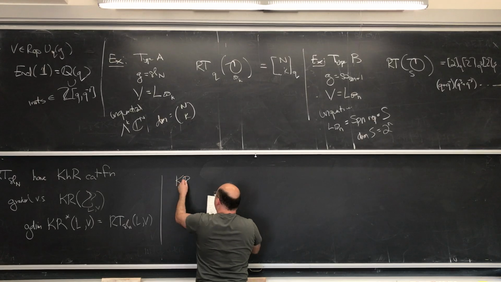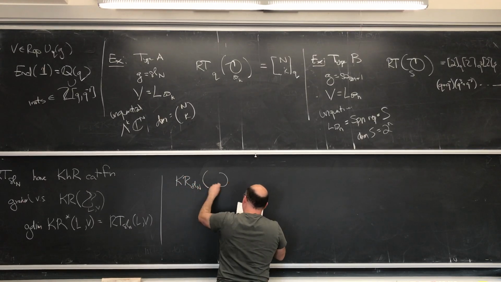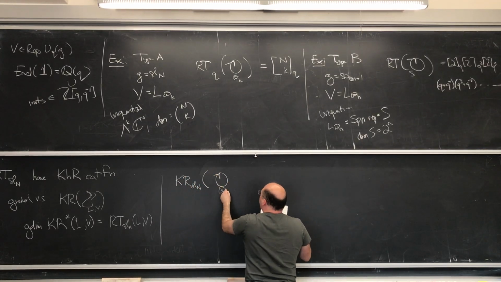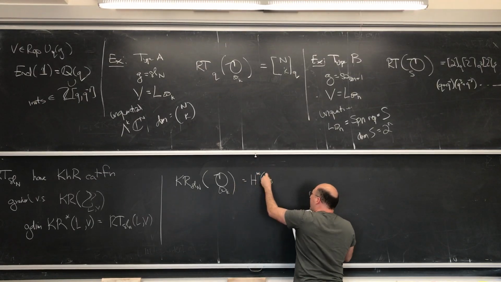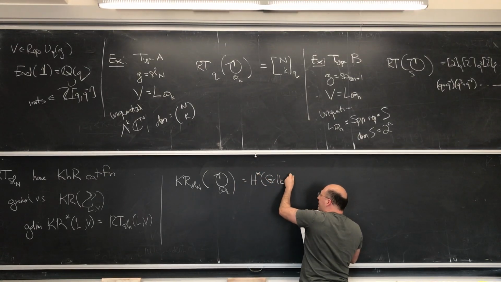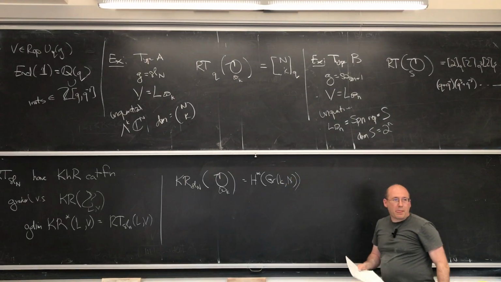The Khovanov-Rozansky homology of a circle labeled by a k fundamental representation in type A is precisely the cohomology of the Grassmannian of k-planes in n space.